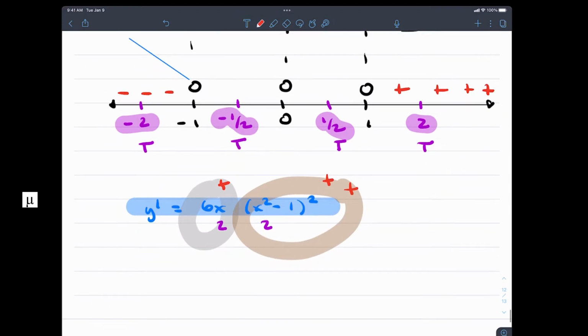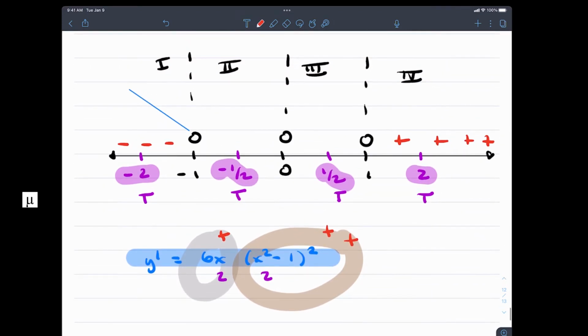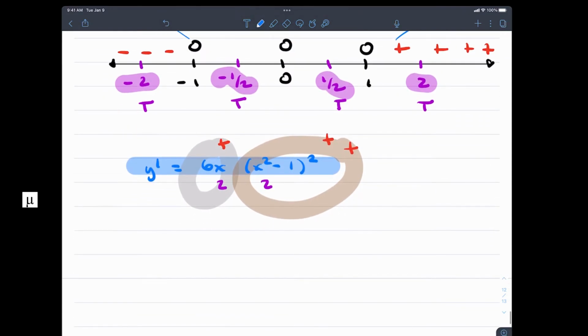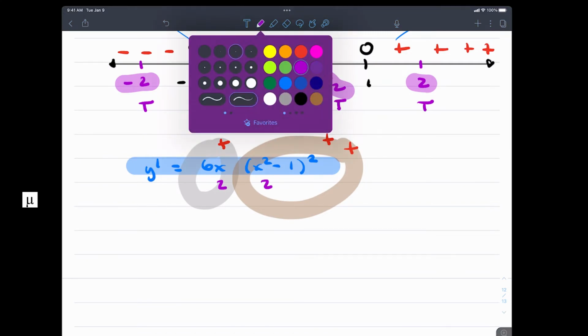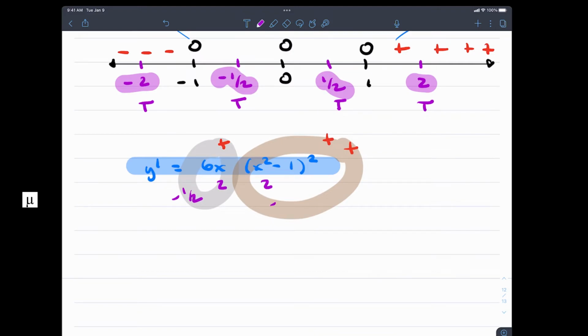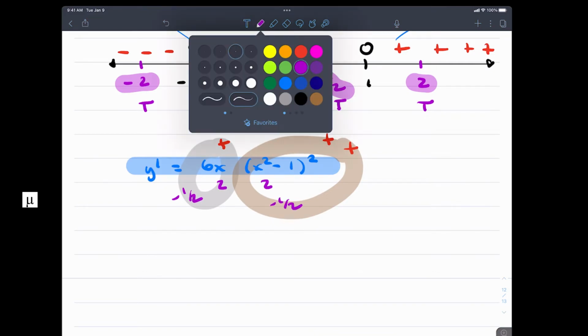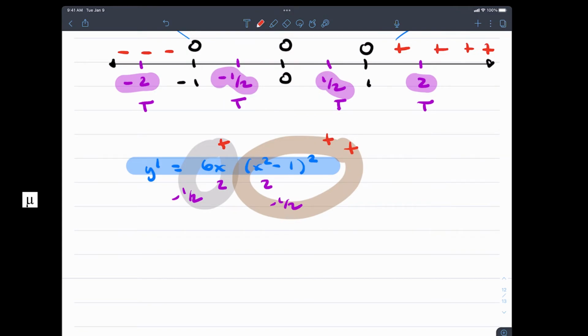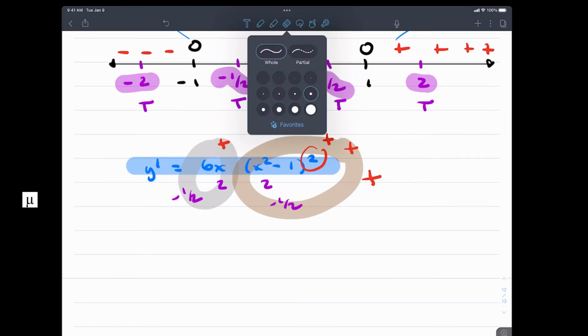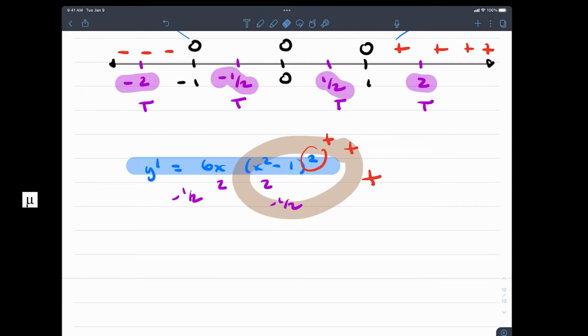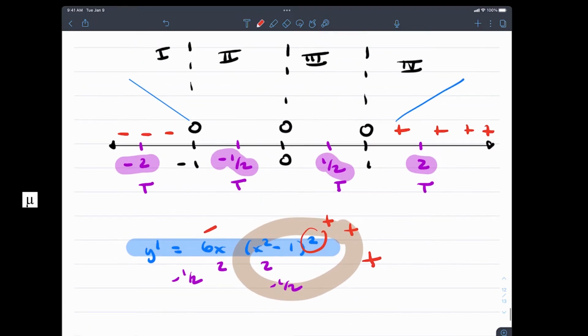So let's test now region number 2, negative 1/2. Over here, negative 1/2 squared is 1/4, minus 1 is negative, but I'm squaring that. So this is always positive. But now 6 times what here? Negative 1/2 is negative. So that means I have a negative region number 2. Okay.